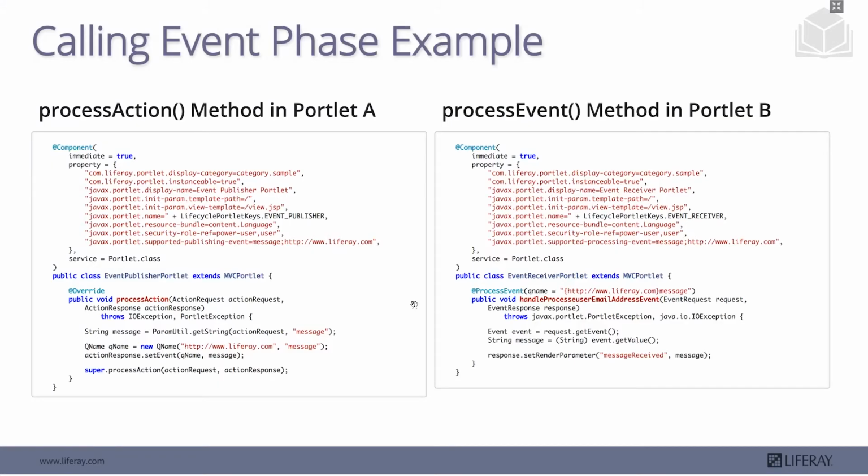Portlet B is listening for a specific queue name. That's how we're going to be defining our event. So once that specific queue name is set, we can then call the method that corresponds with our process event, take the event object and then do whatever it is that we want to do with it.